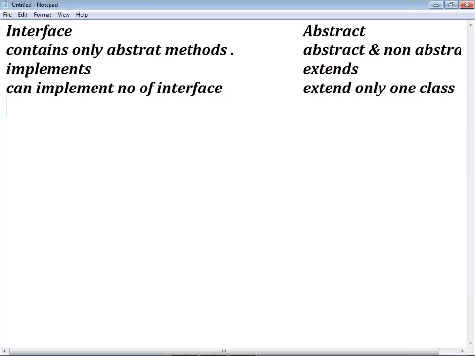You can provide the implementation for n number of interfaces, but when it comes to abstract class, you can extend only one class.